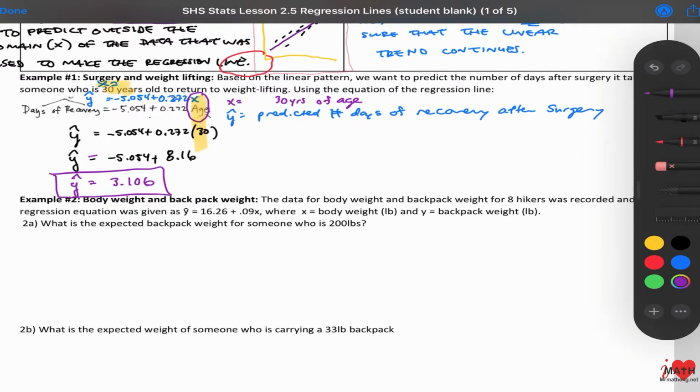Okay, so this is the hard part about stats, and so that's why I'm going to write a sentence. I need to basically explain what the 3.106 means.